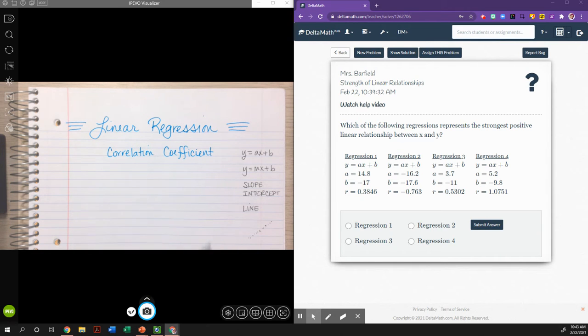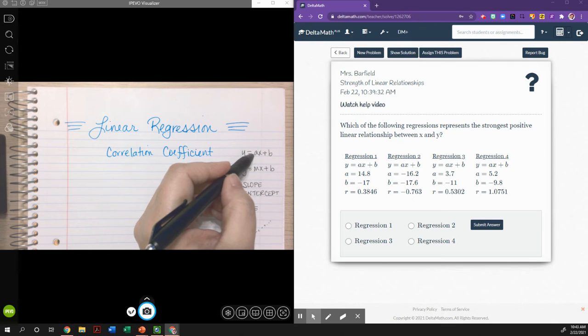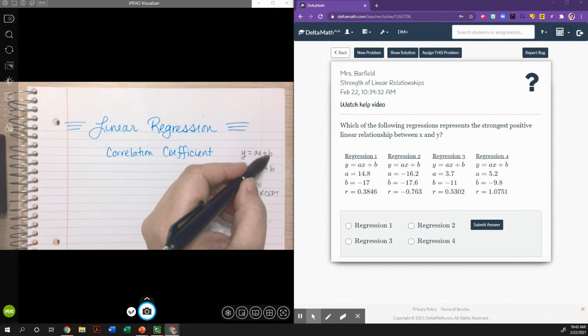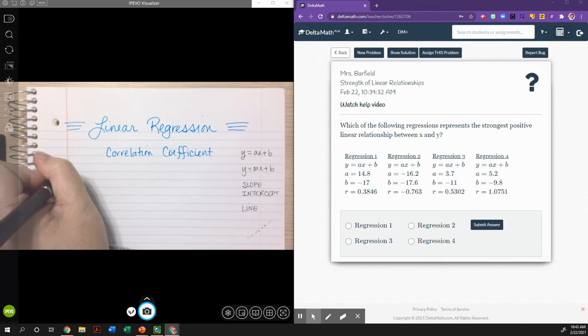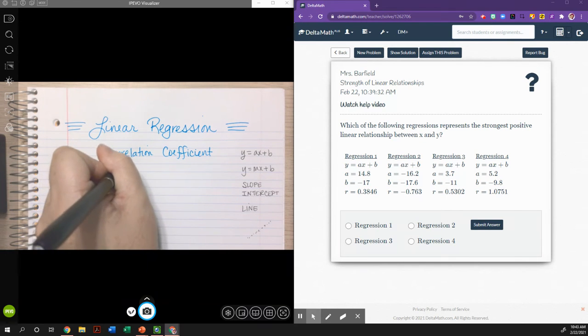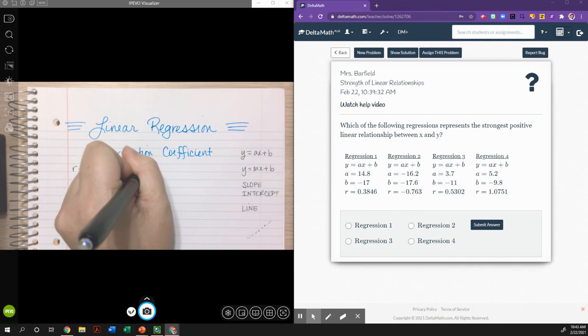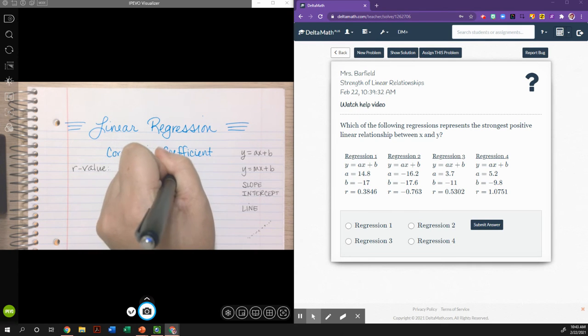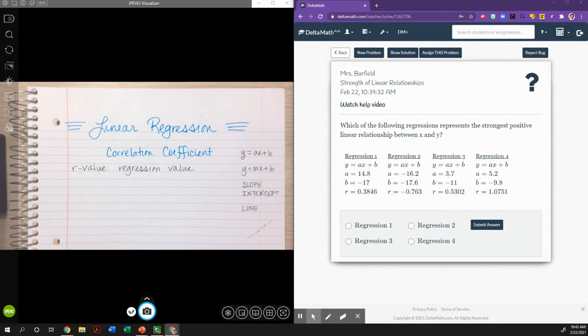Now they've given you values for a, which is the slope, and b, which is the y-intercept. And then they've given you this r value, which is a regression value.